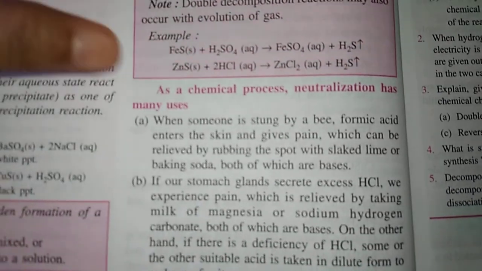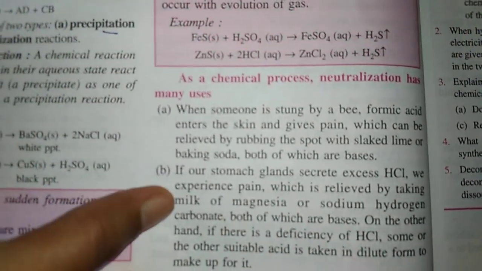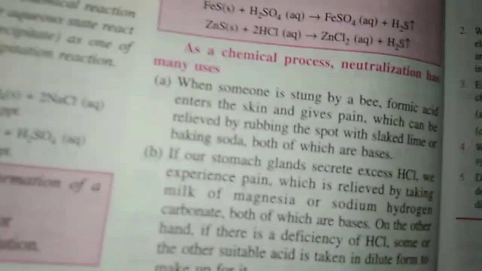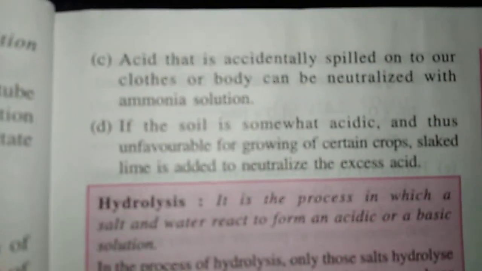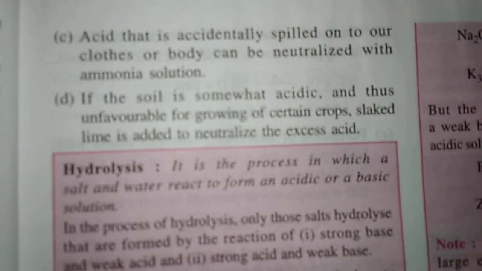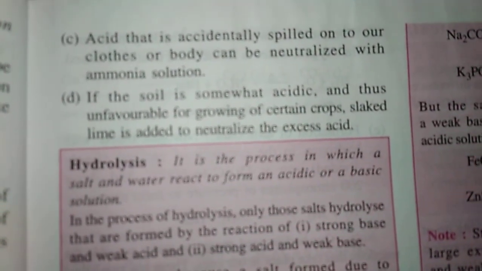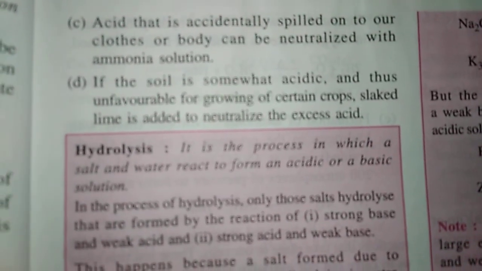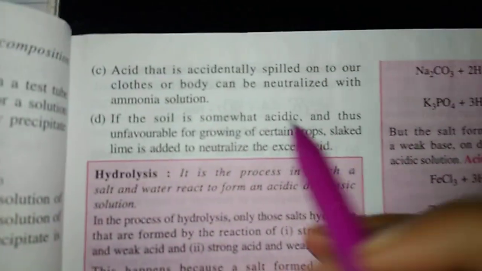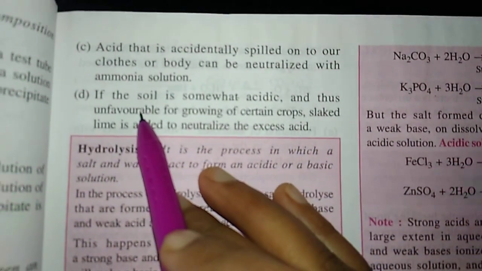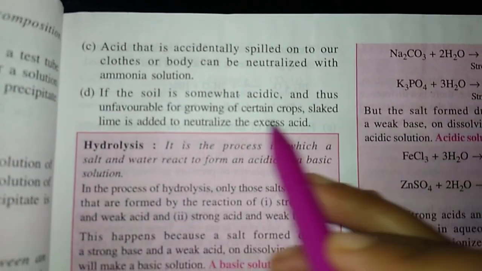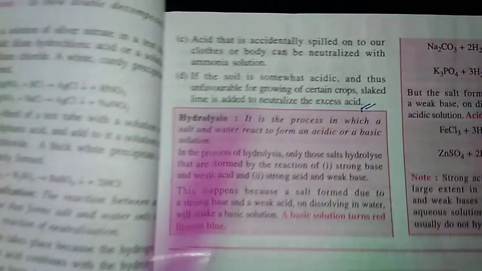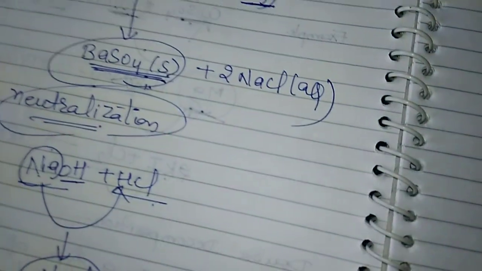So in this case, neutralization occurs. Second, the category that we already discussed. And third, acid that is accidentally spilled on our clothes or body can be neutralized with ammonia solution. And third, if the soil is somewhat acidic and thus unfavorable for growing certain crops, slaked lime is added to neutralize the excess acid.